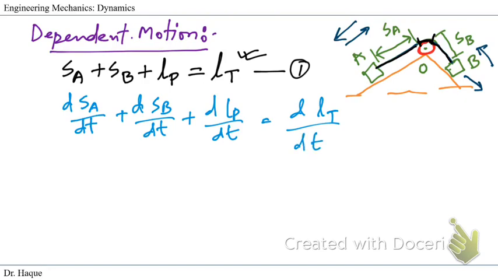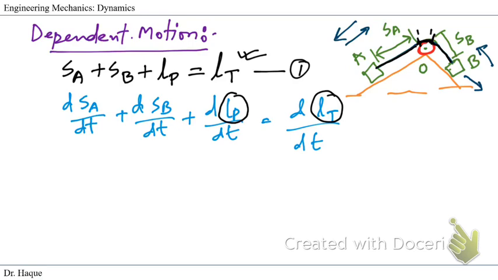Now we know this LT is fixed, it is the total length of the rope, and LP, the curved connection on the pulley, is always fixed because the diameter of the pulley is fixed.